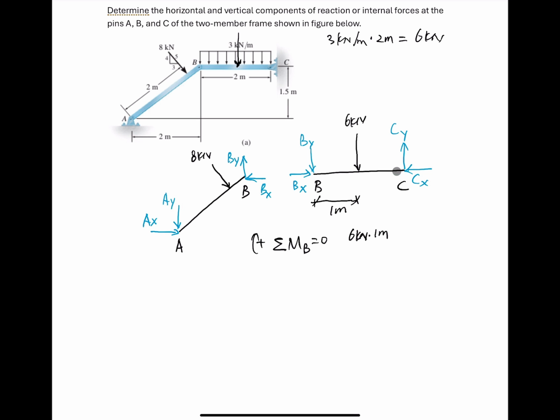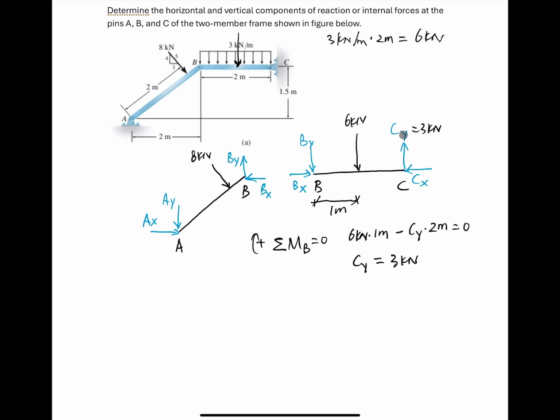CY has a bending moment as well, going counterclockwise, so it's negative, times the lever arm 2 meters, equal to 0, because CX has no bending moment at point B. Then we can calculate CY equal to 3 kilonewton.